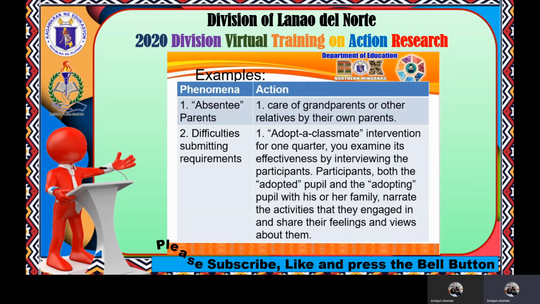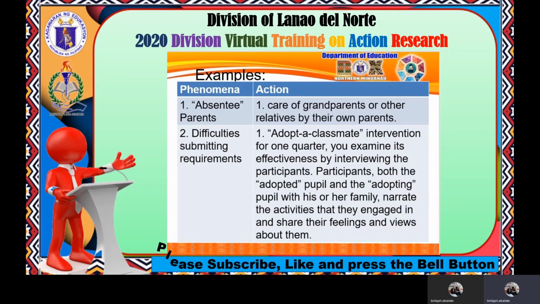Another phenomenon is difficulty submitting requirements. The action that will be taken by the teacher in this kind of problem is to adopt a classmate intervention for one quarter. You examine its effectiveness by interviewing the participants, and the participants may be both the adopted pupil and the adopting pupil with his or her family.